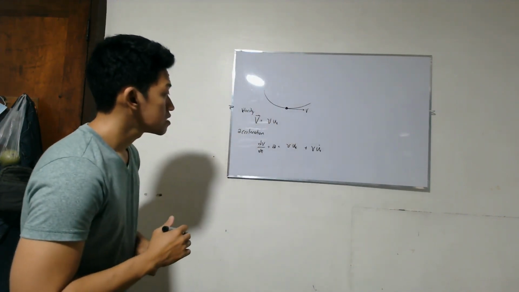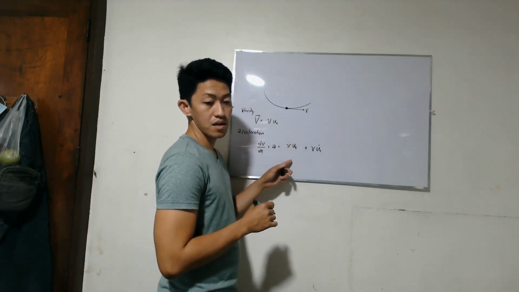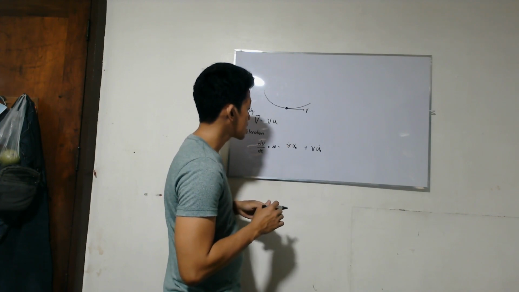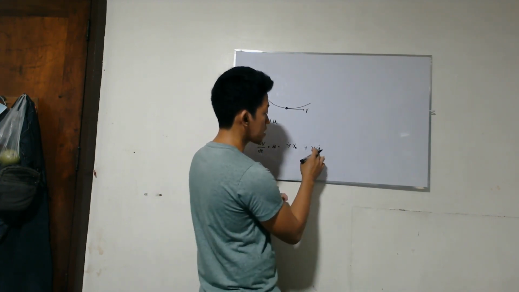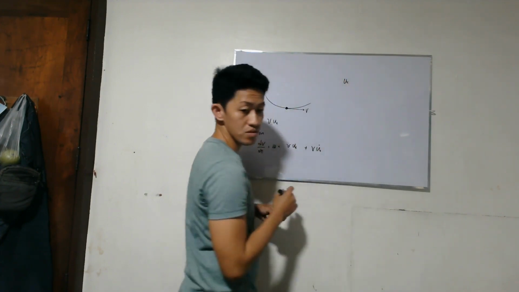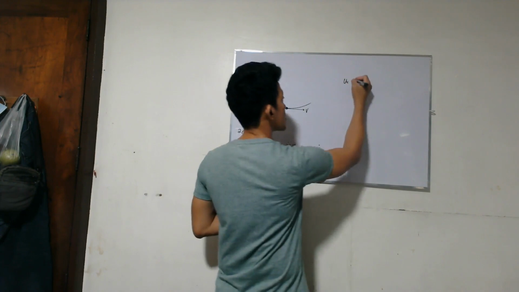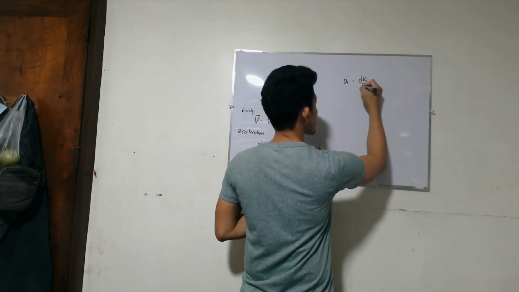Okay, this one has a problem because it has a value. This is just the tangential acceleration. Here, we need to get the value of u sub t dot, which is just the derivative of u sub t with respect to time.